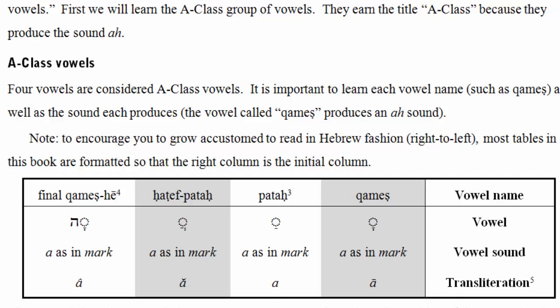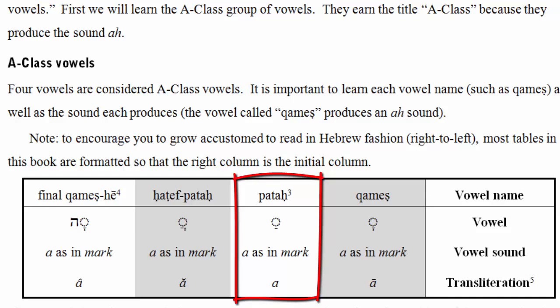The second A-class vowel is known as patach. Patach. Again, in the spelling of this vowel name, you see under the letter H a dot. This dot indicates that the H is not a smooth H, but rather closer to a CH.